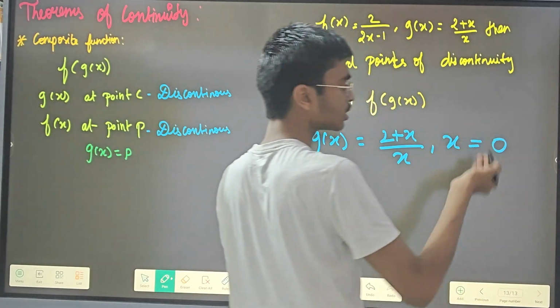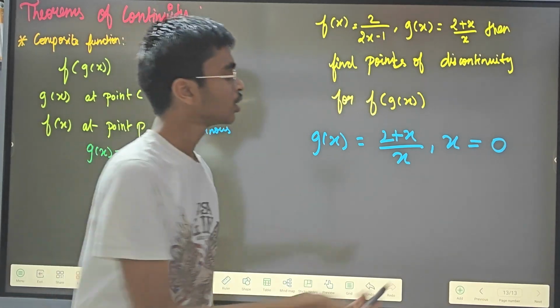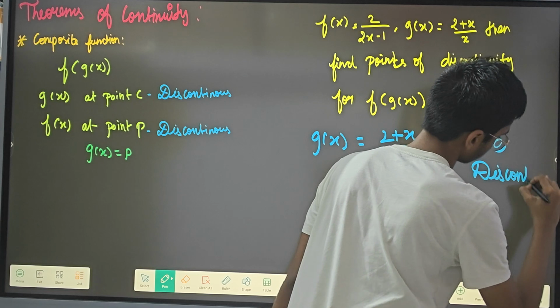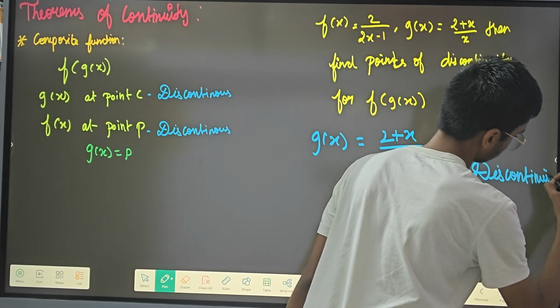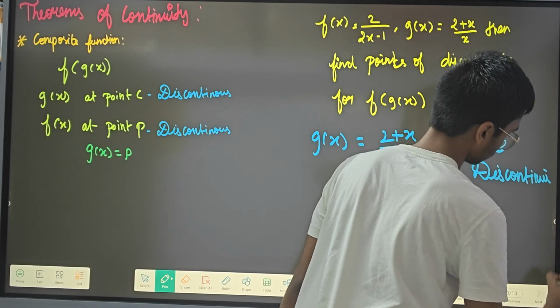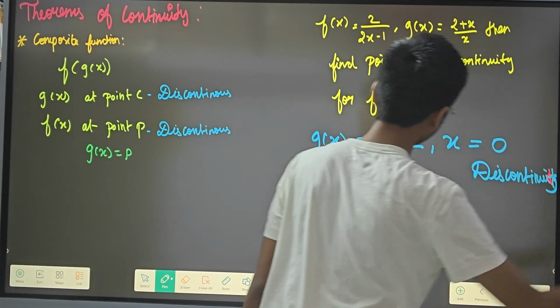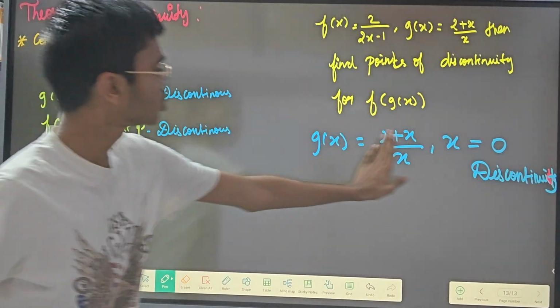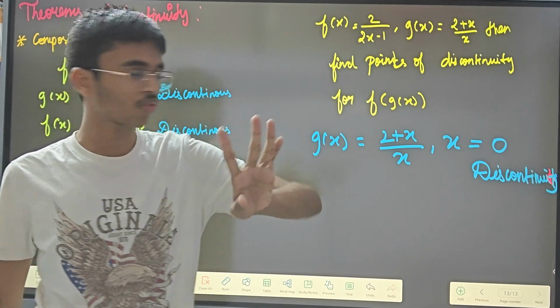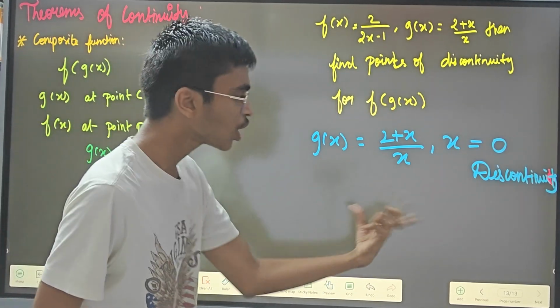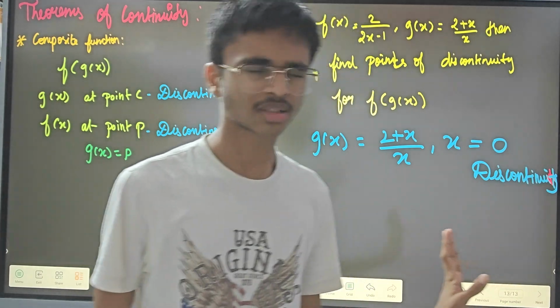So when x is equal to 0, it is discontinuous, right? So here this is a point of discontinuity. Then you leave this g of x. Just now we have done with this g of x. Still, you will be coming with some other point that we will be saying. For now, till now g of x is completed.